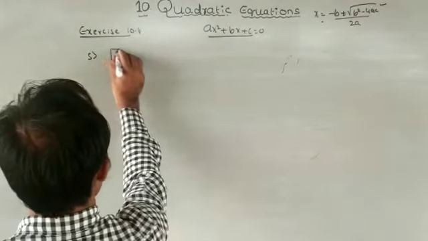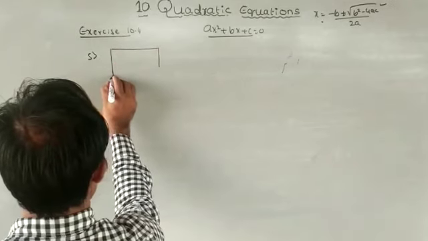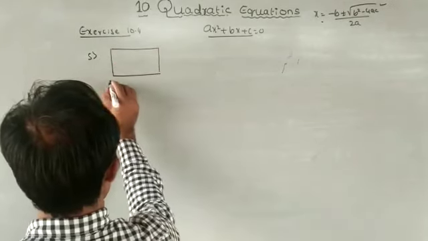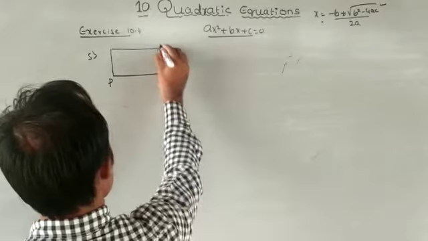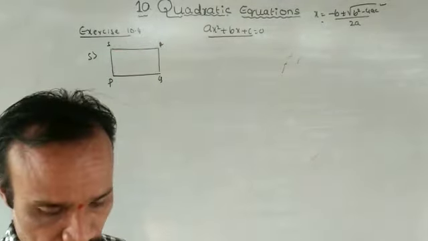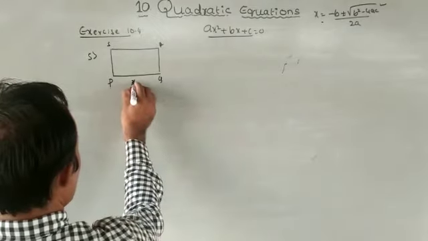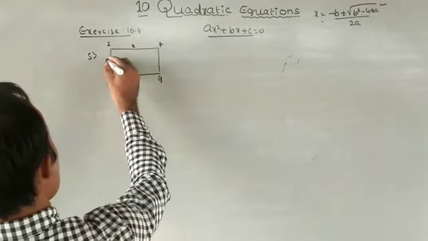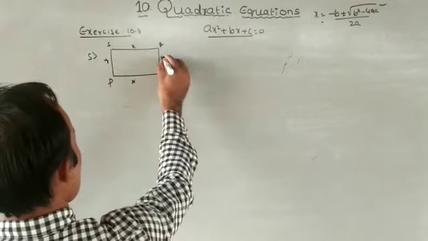Let the present ages of the two friends be as follows. First friend, say x years, correct?